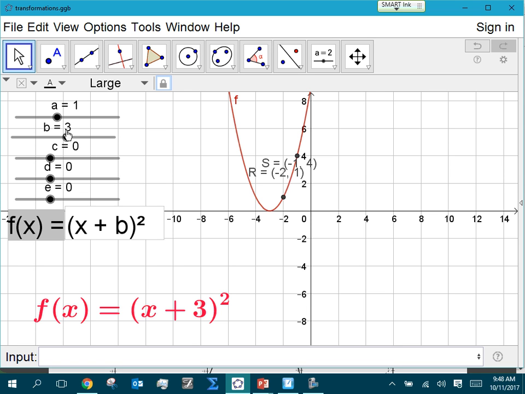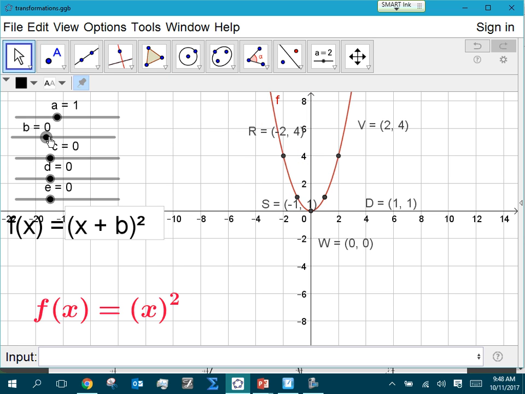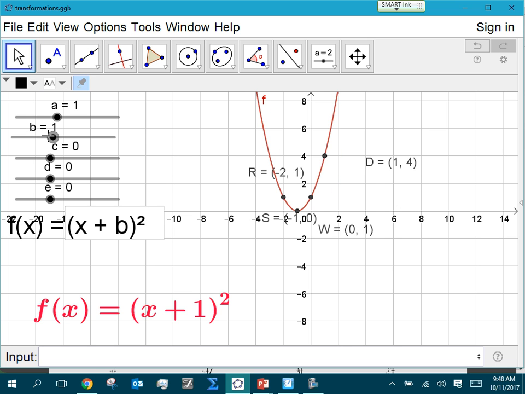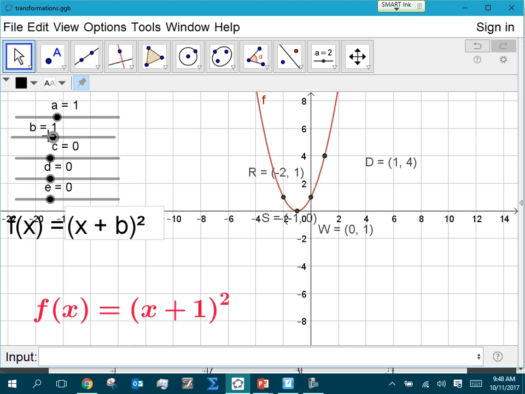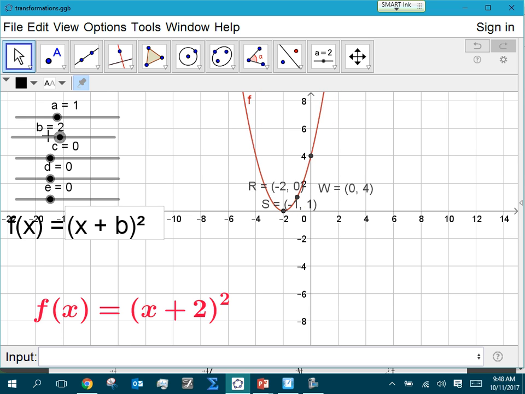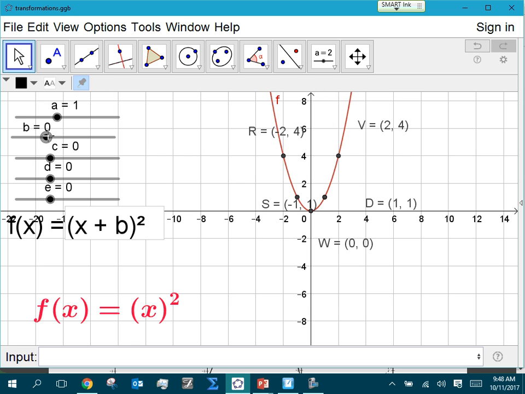Notice if I make b go to 0, you just have x squared, right? But now if b goes to 1, you see how you still have the same y values. You have a y value here of 4, and a y value of 1, and a y value of 0.